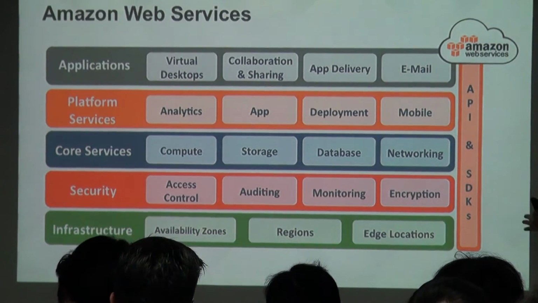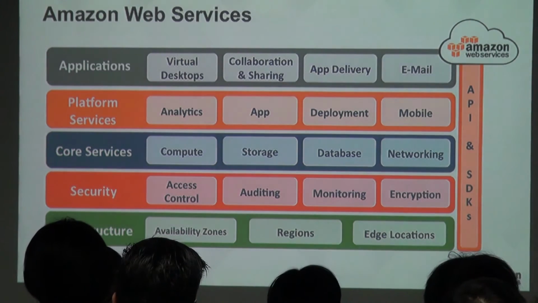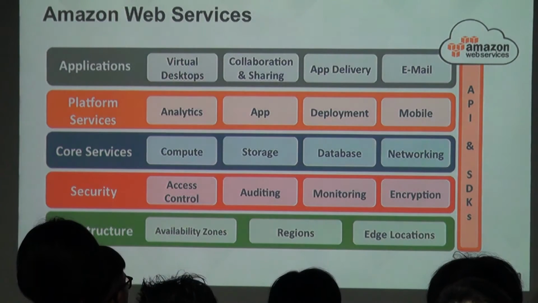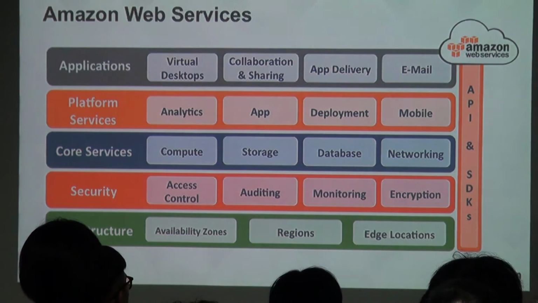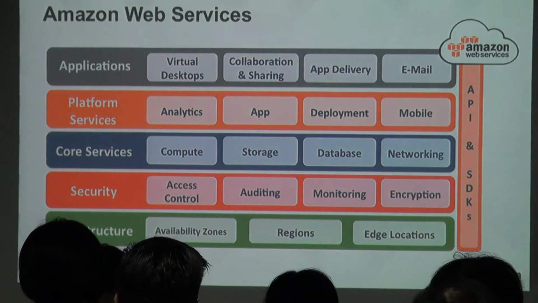To make that easier, if you don't like RESTful APIs and you don't want to write the code yourself, we also provide you with software development kits, SDKs, in a variety of different languages, like Java, .NET, PHP, Node.js, Objective-C, etc.